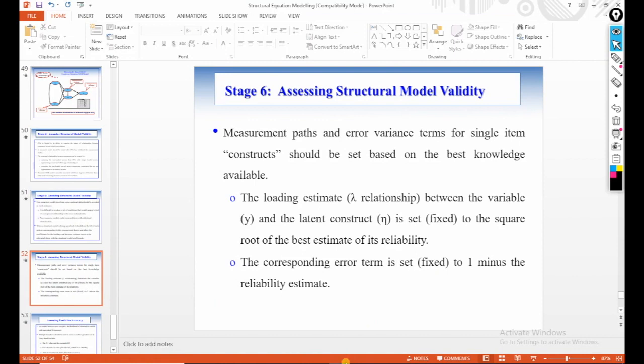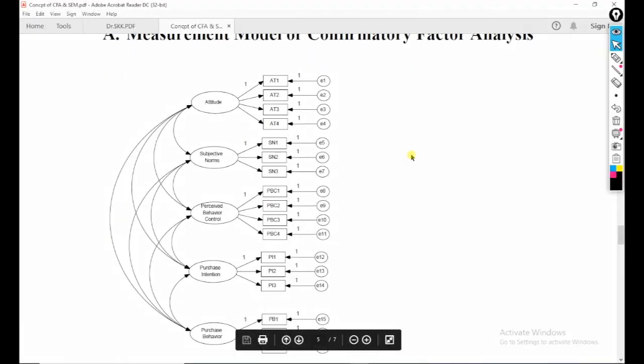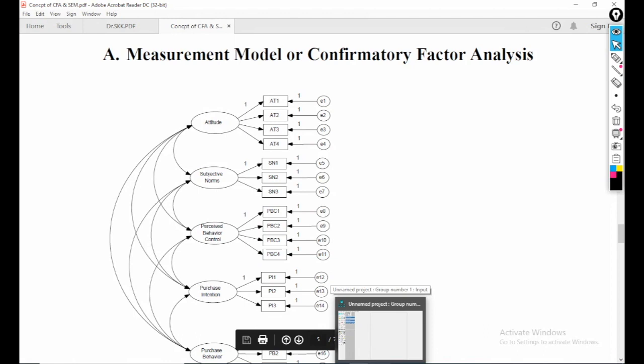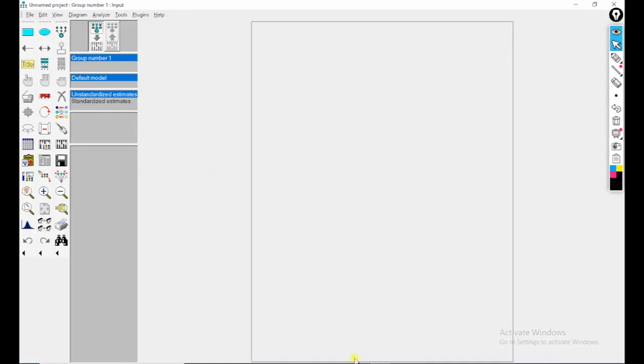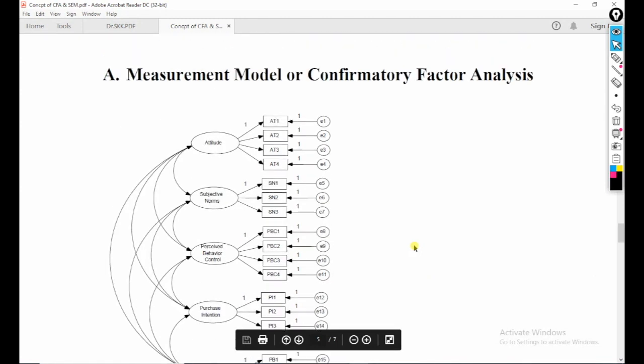Now I am taking a case study to perform the structural equation modeling. I am using AMOS to draw this diagram. First of all, I will draw this measurement model.